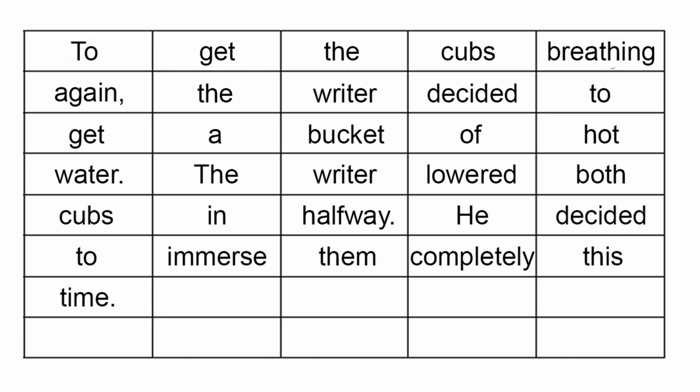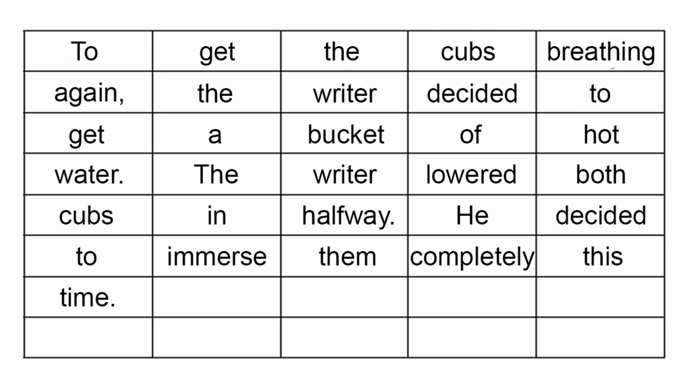Or another word to replace the writer is a pronoun, he. Remember, the writer is 2 words. So we want to save as many words as we could. So instead of repeating the writer this, the writer that, instead of 2 words, we only use 1 word, which is he. So he decided to immerse them completely this time.